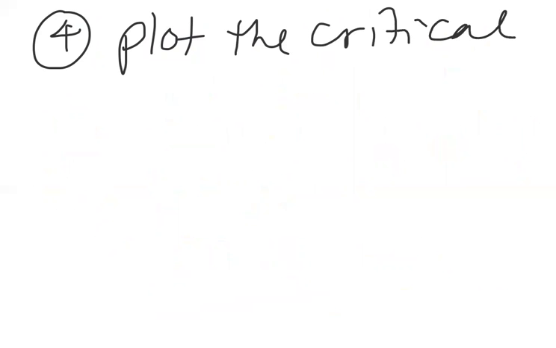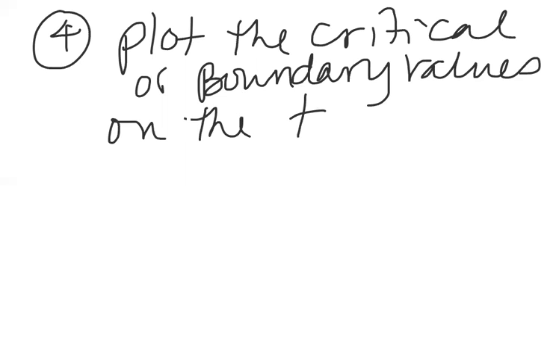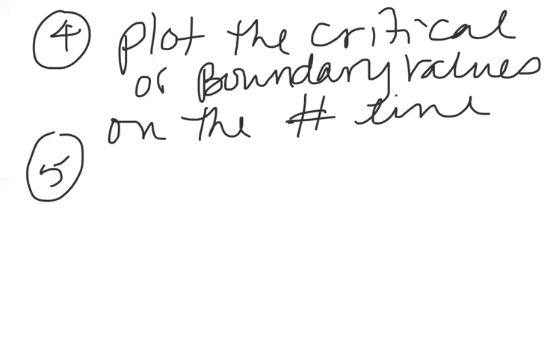Here's why. You're going to have to take those values, guys, and plot them on the number line. Plot the critical or boundary values on the number line. Now, next, guys, you want to go ahead and test each region.